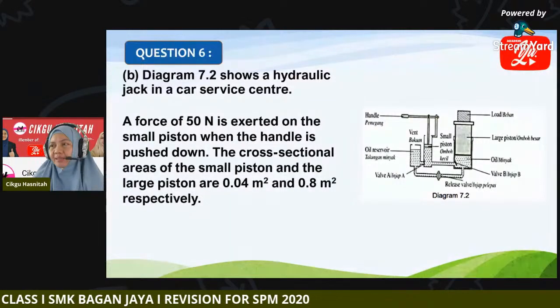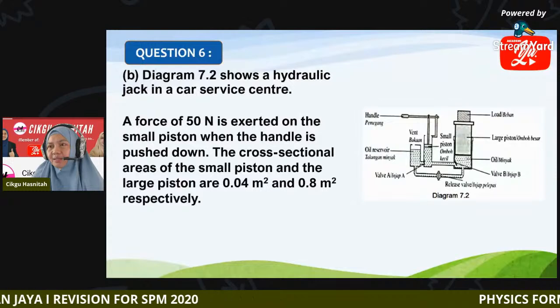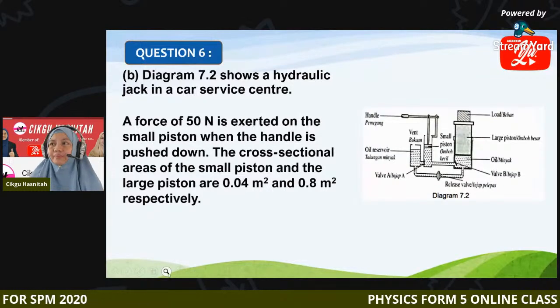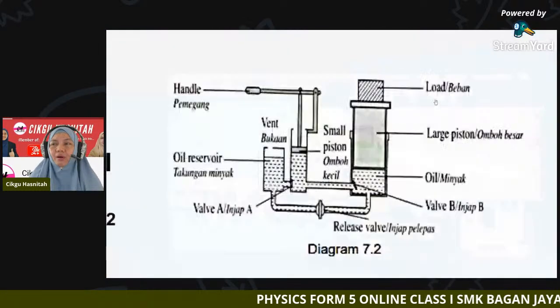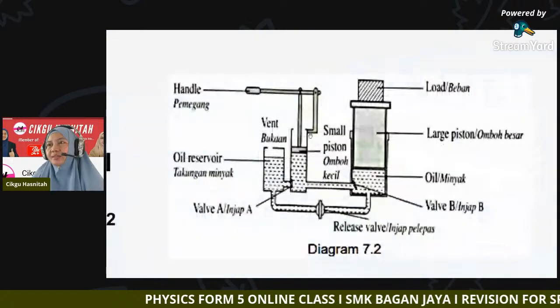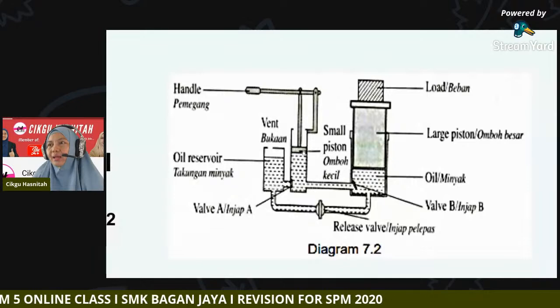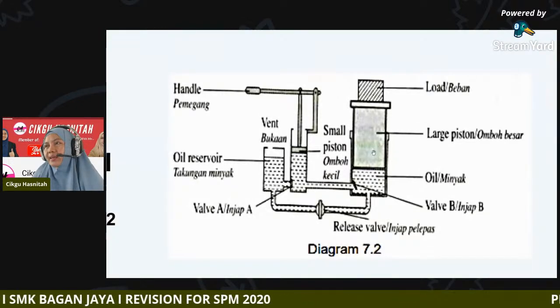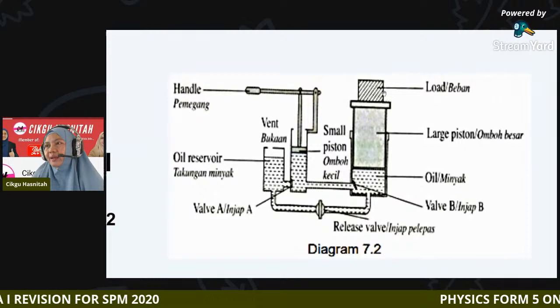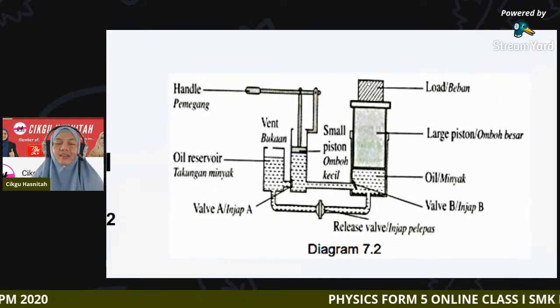This is diagram 7.2, the structure of a car jack. The handle is connected to the small piston, and at this side is the large piston. The load here is your car.